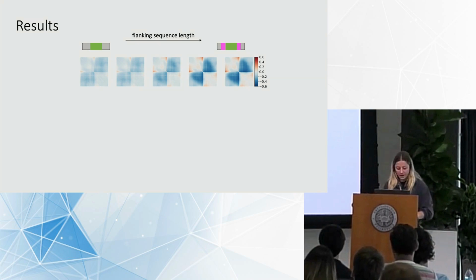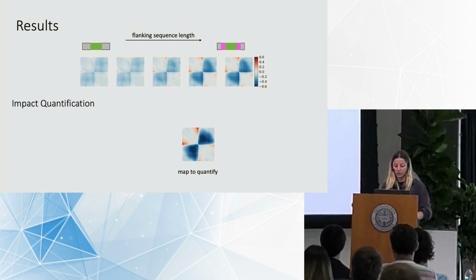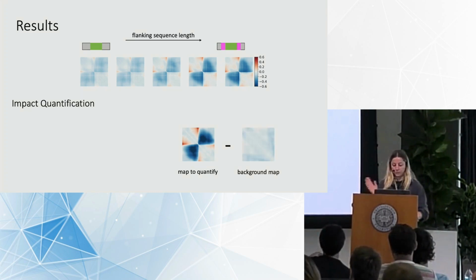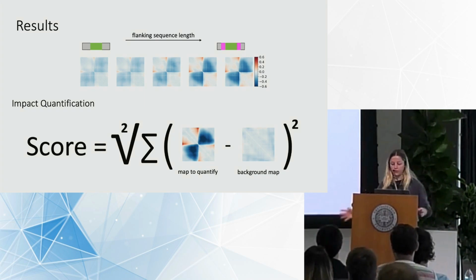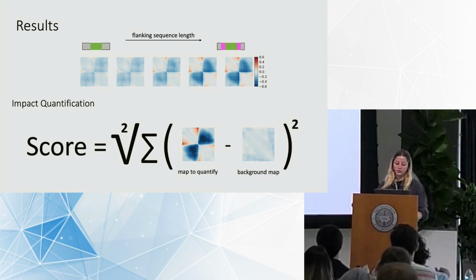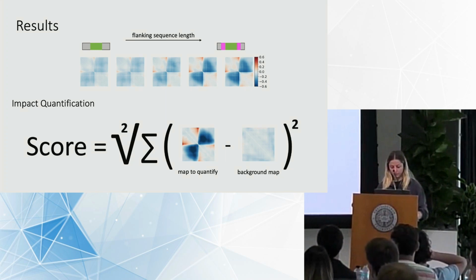To quantify it, we created a score we called insertion score. If we have a map to quantify, we subtract the background map, take the square of this, sum it up, take the root, and the value is the insertion score.